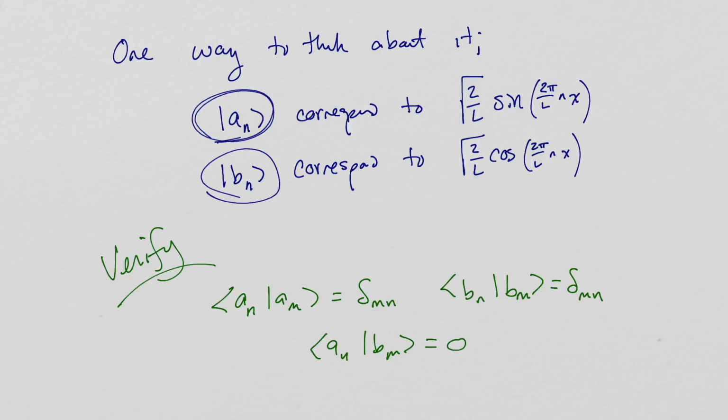And so this entire family of solutions makes up a good basis, because I always get 0 unless my dot product is between exactly the same basis vector. In order to not get 0, it has to be the same n, and it has to be from the same family.